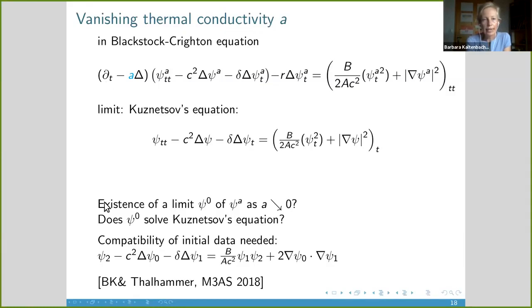And the one on the second derivative, so the psi 2 here, has to be compatible in the sense that the PDE at time 0 needs to be satisfied. Otherwise, one might still be able to show existence of solutions exhibiting boundary layers and so on and so forth, but they will possibly not be regular enough to be able to deal with these nonlinearities.